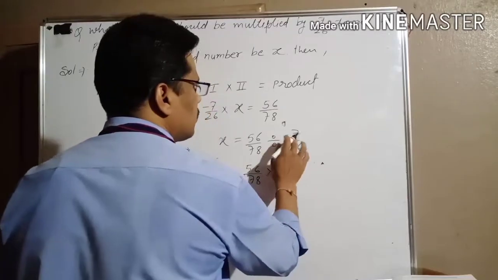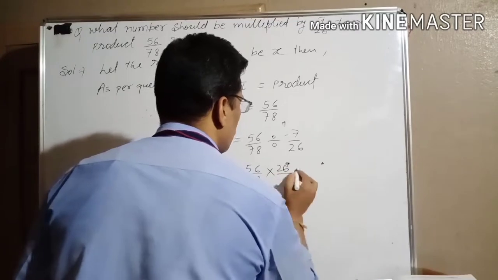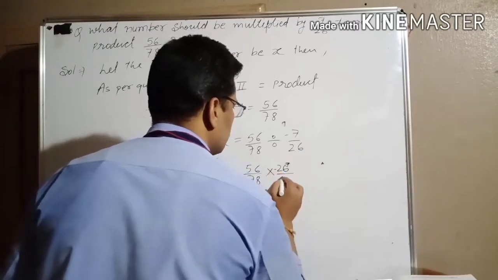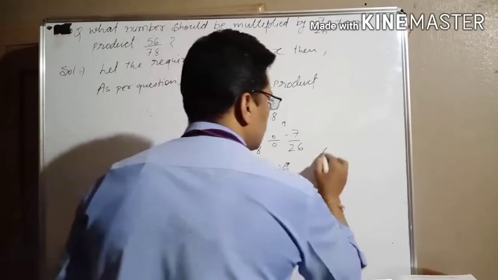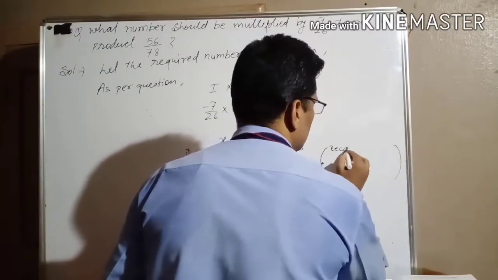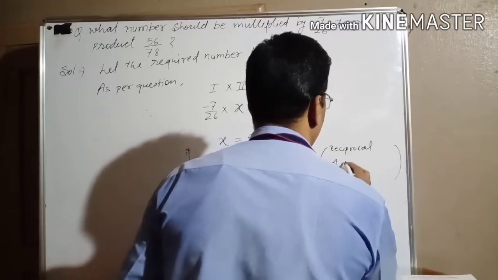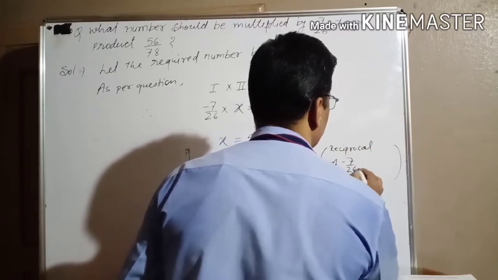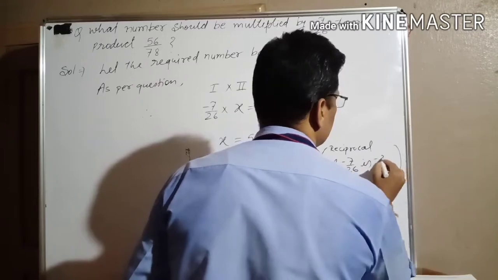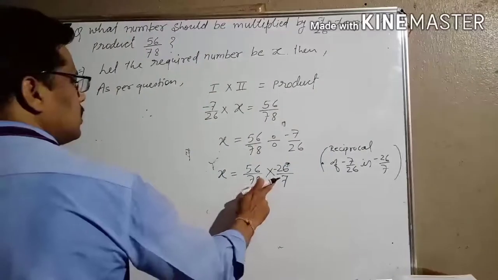What is the reciprocal of minus 7 upon 26? In bracket you can write, the reciprocal of minus 7 upon 26 is minus 26 upon 7.